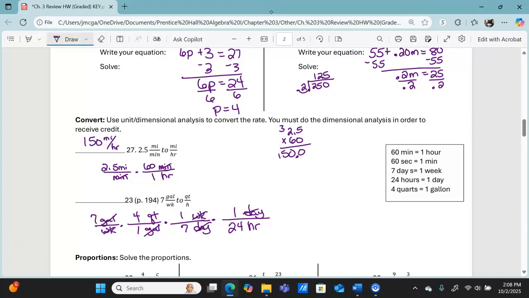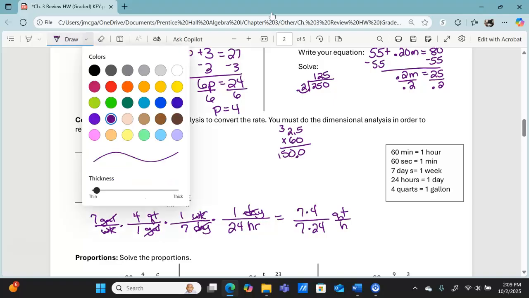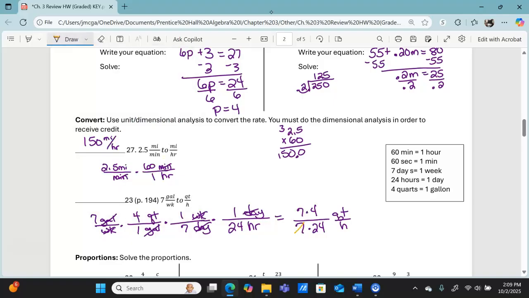So what do I have? In the top, I have 7 times 4. And in the bottom, I have 7 times 24. And my unit is quart per hour. Well, I can reduce, rather than doing that multiplication, 7 will go into 7 one time each. 4 will go into 24 6 times.